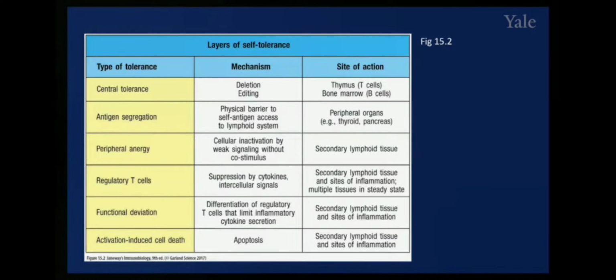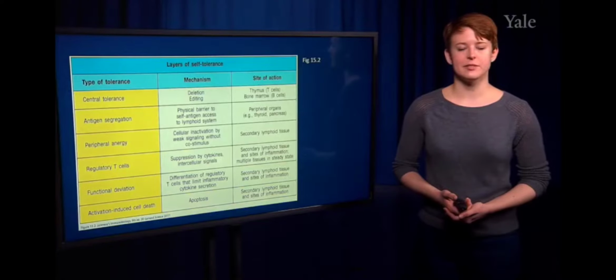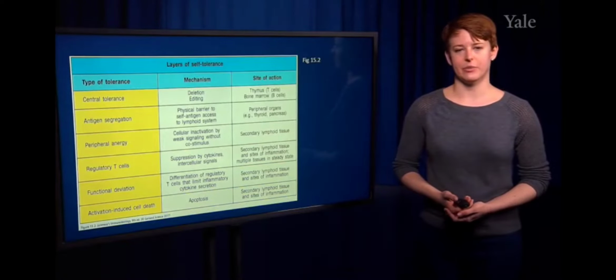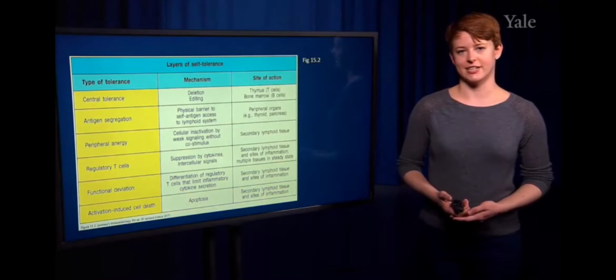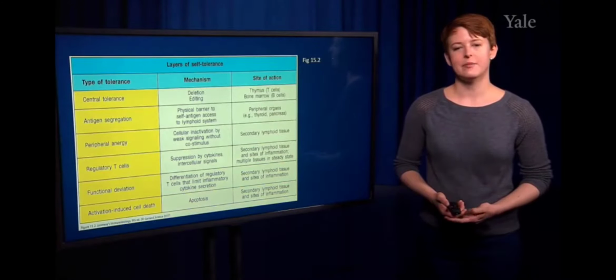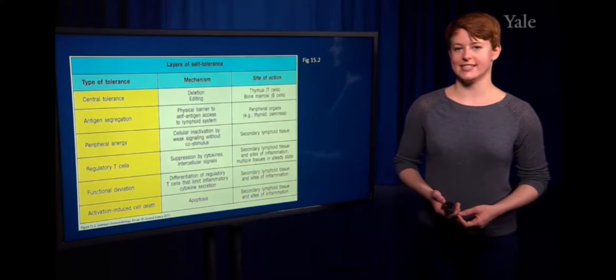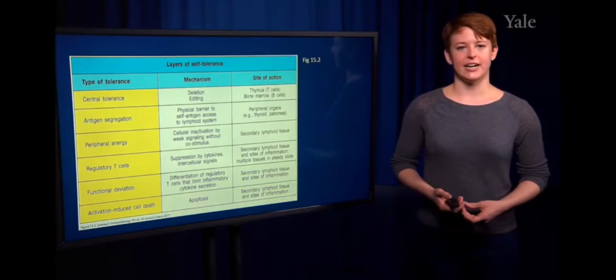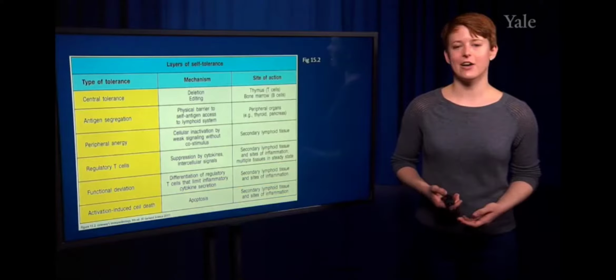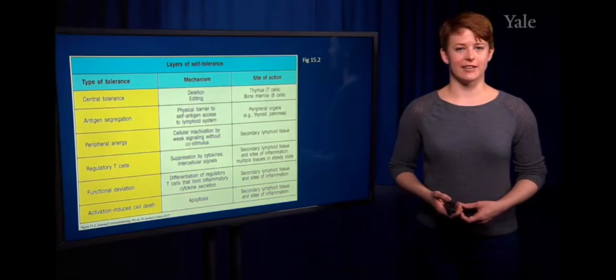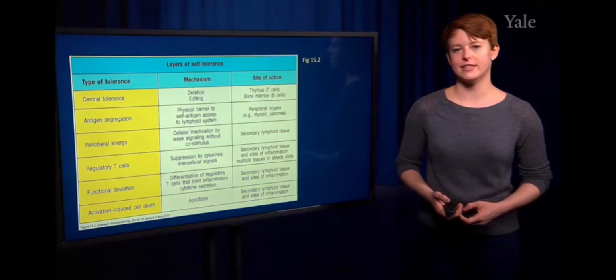And when this fails, you see responses such as autoimmunity. And this is also really important in the discussion of organ transplantation because the organ that's transplanted is non-self and so therefore is not tolerized. However, we'll discuss some ways that the chances of rejection can be reduced and how these immune mechanisms can be modulated.